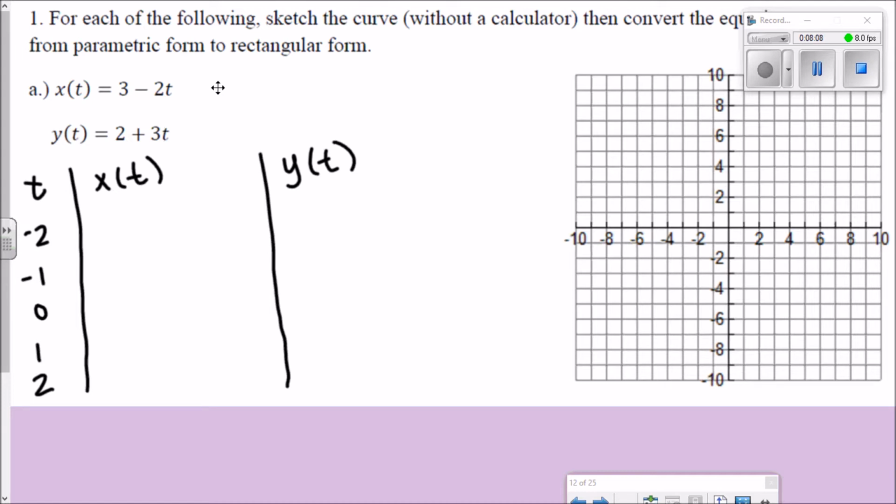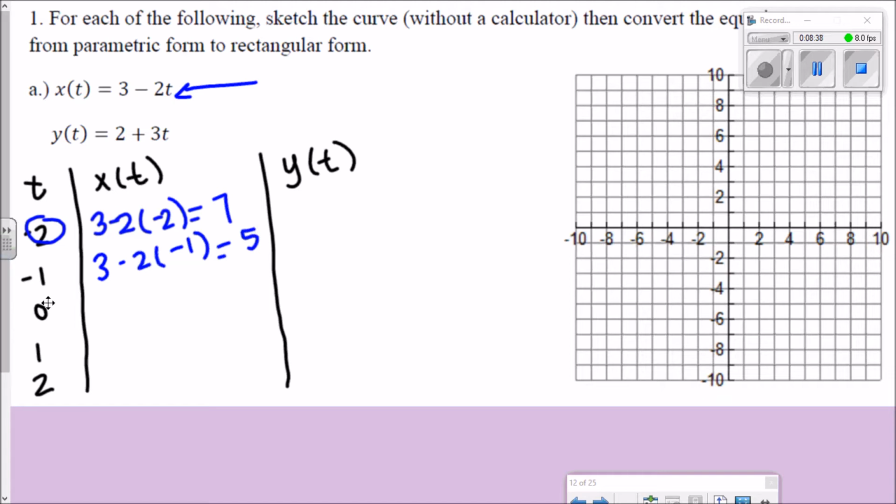I'm going to start with my x. In order to find all of my x of t's, I'm going to plug my t value into my x function. For my first t value, -2, I have 3 minus 2 times -2. This ends up being 3 plus 4, so that is 7. Let's do another, -1. This ends up being 3 plus 2, which is 5.